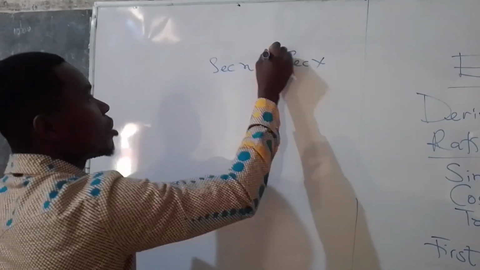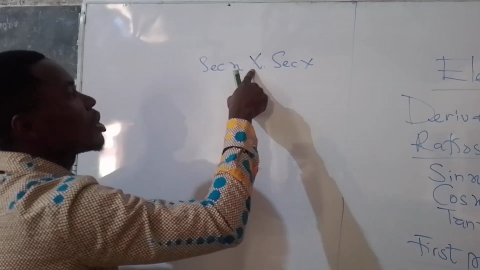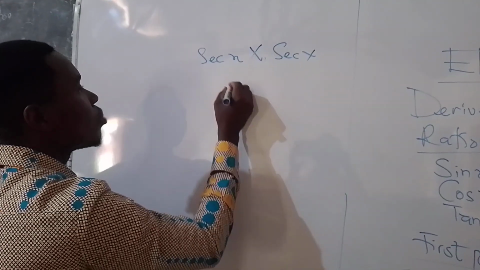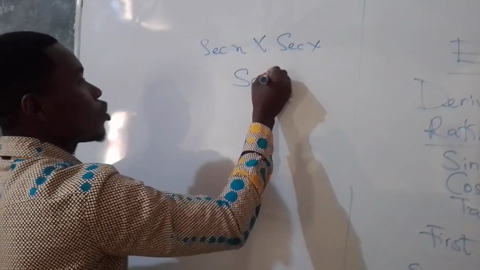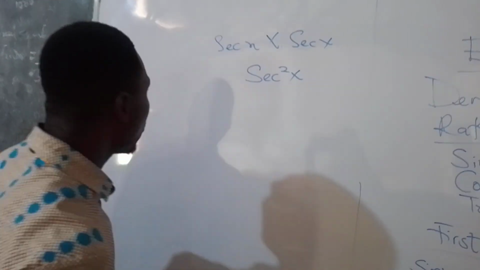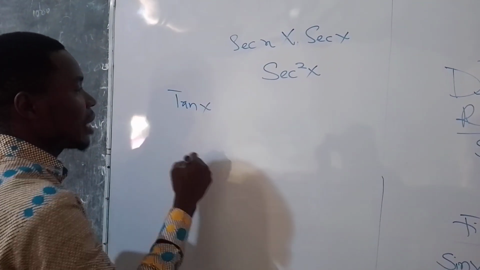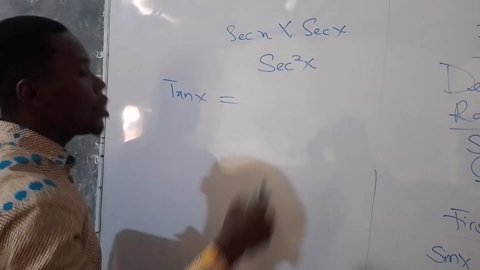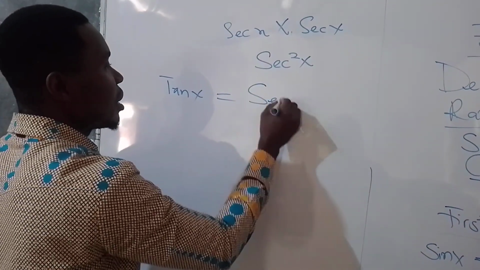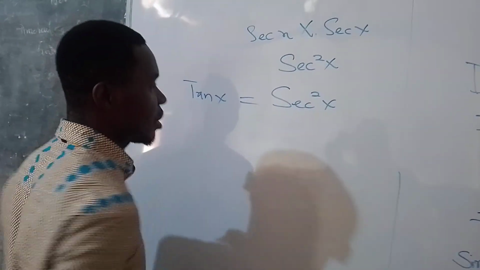So this is multiplication: sec x multiplied by another sec x gives us sec squared x. So when we differentiate tan x, the solution is sec squared x.